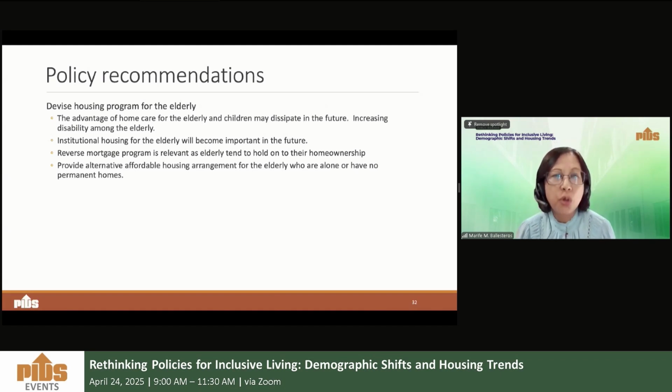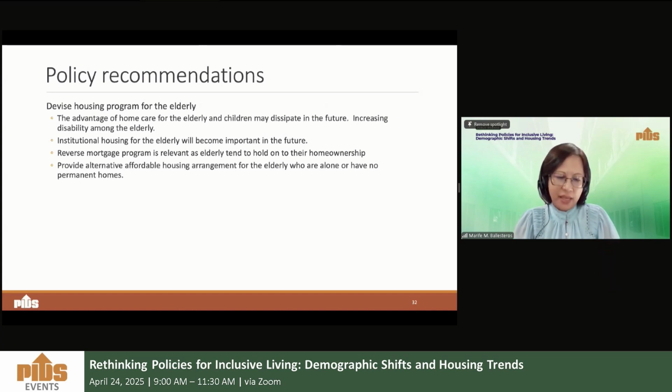Actually, we have an ongoing study by Dr. Aubrey Tabuga at PIDS on the future demand for elderly care. One of the preliminary findings is that this is primarily family and home based.